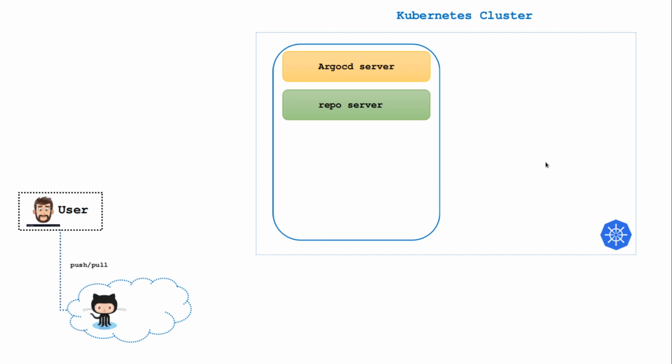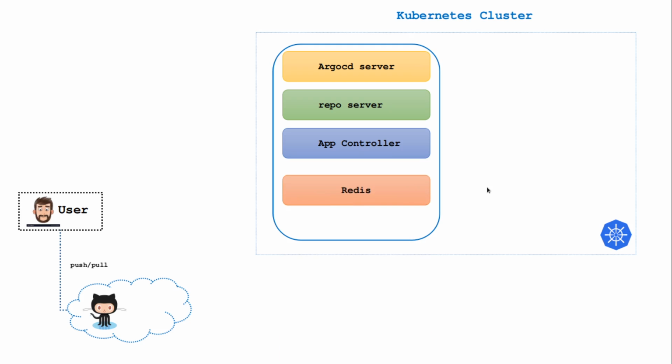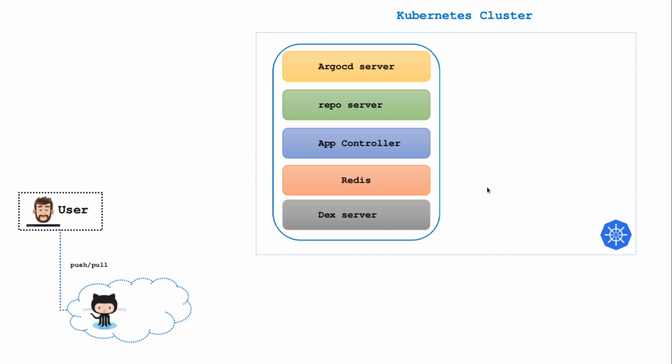If something is different, we will apply some action in our Kubernetes cluster. Also, we have a controller which is responsible for maintaining the state of the deployed resources in your Kubernetes cluster, and we have Redis for caching and the Dex server.